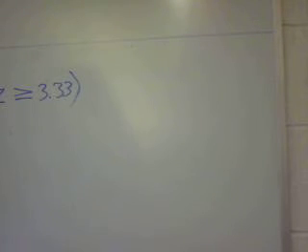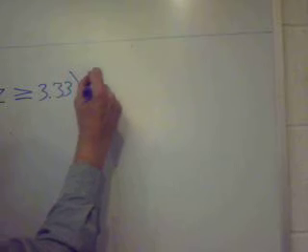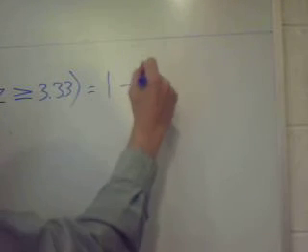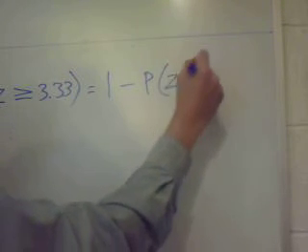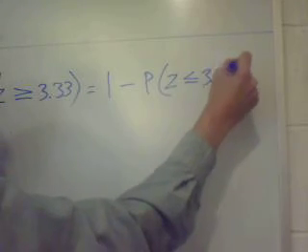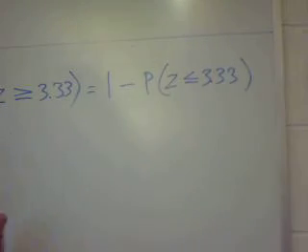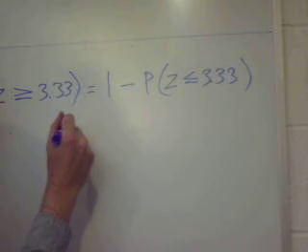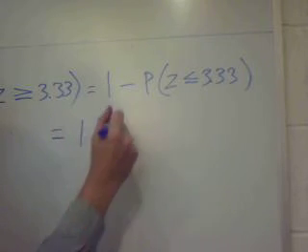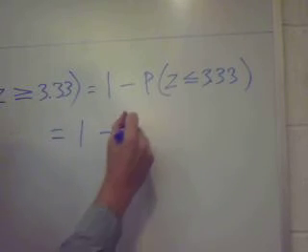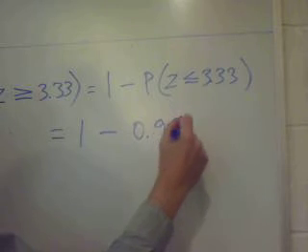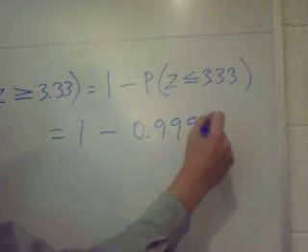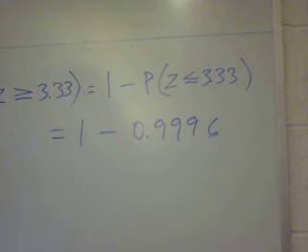Well, Table 2 gives me the area less than that. So I go 1 minus the area less than 3.33, which I can find from Table 2. And if I do that, I'll find that the area to the left of 3.33 is 0.9996.